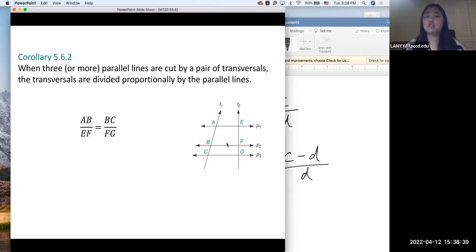So from this picture, I could say AB over EF equal to BC over FG. Write it down on your notes, your formula. Make sure you remember these are parallel: P1 is parallel to P2 and parallel to P3. Let me write it down.